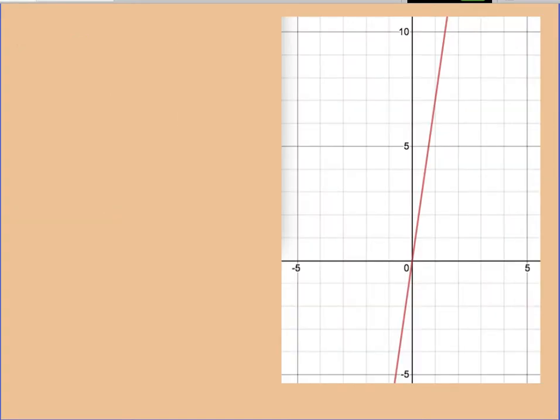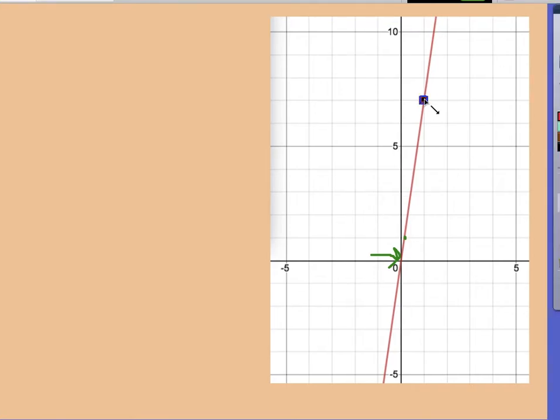Alright, let's look at one more here. This next one goes through the origin 0, 0, straight line, so it's linear. So now let's find a point that fits this perfectly. So like right here, I really can't get whole numbers there. So we need to keep moving on this line. Right here would work. Alright, so let's find the y value and the x value.